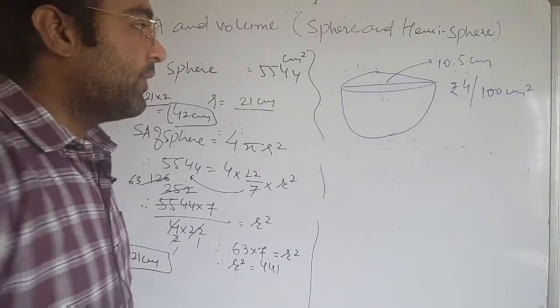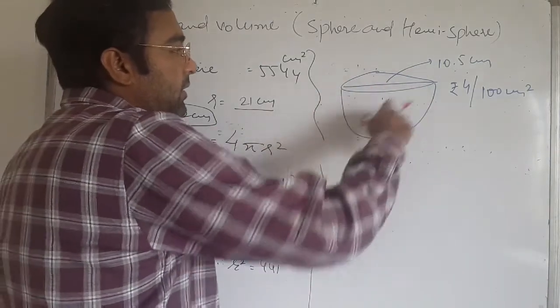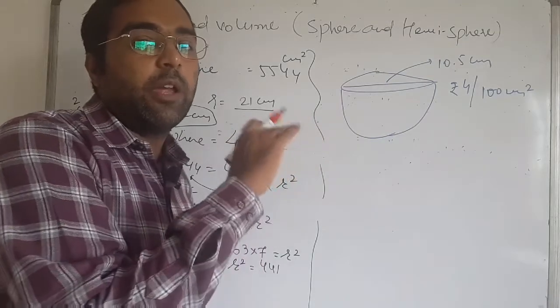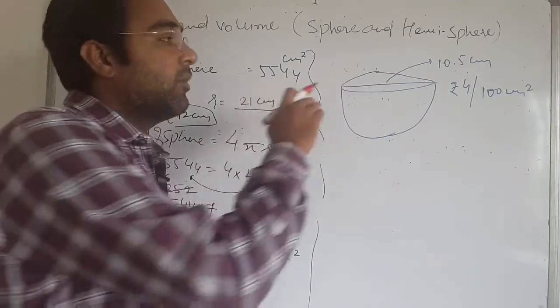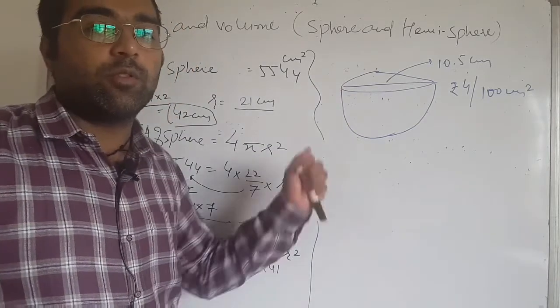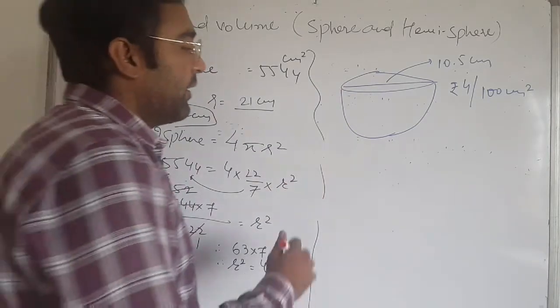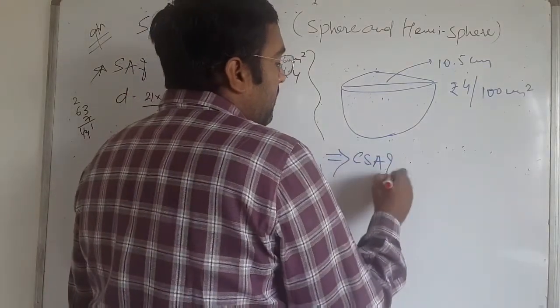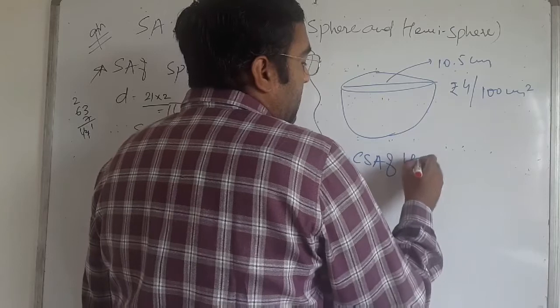So we have to find the curved surface area of the bowl, because it is an open bowl and we don't have to plate the uppermost part, and we don't have to close it. So we find the curved surface area of the hemisphere.